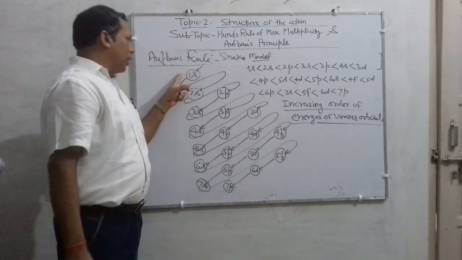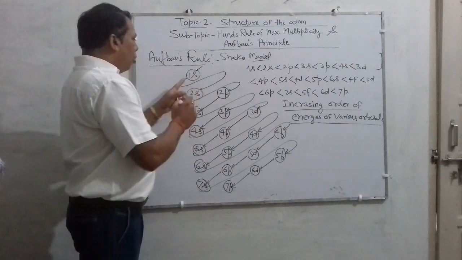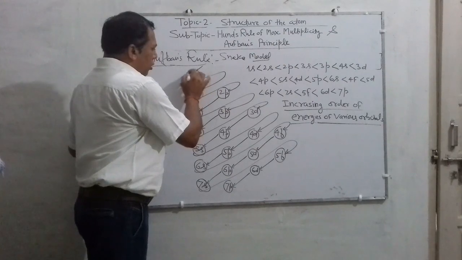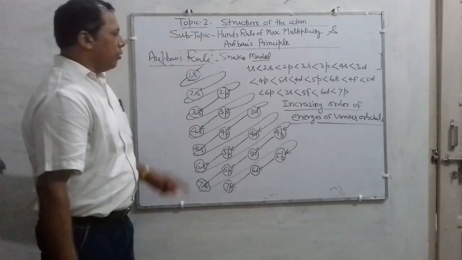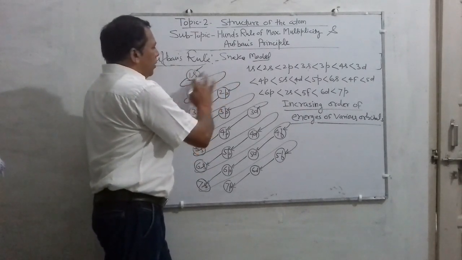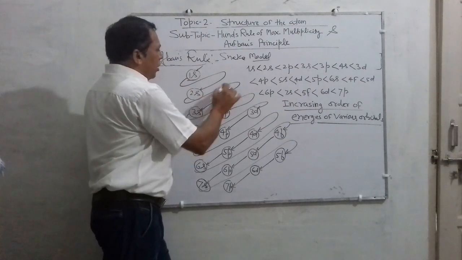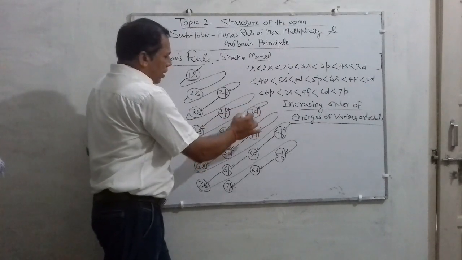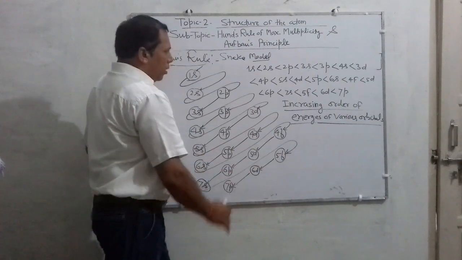Filling of electrons in the orbitals starts from the lowest energy level. The lowest energy is 1s and the highest energy is 7p. Electrons fill the orbitals first in 1s, then 2s, then 2p, then 3s, then 3p, then 4s, then 3d, 4p, 5s, and so on.